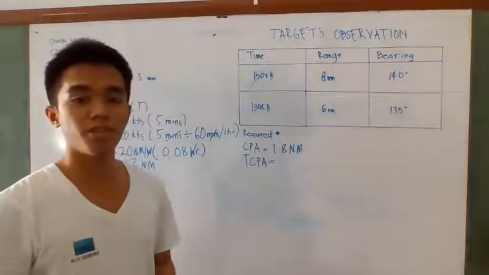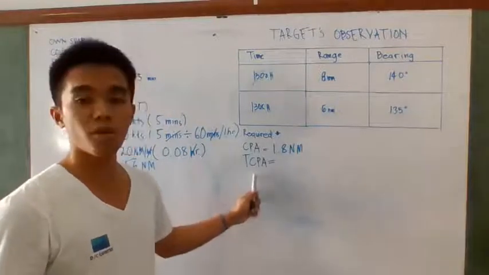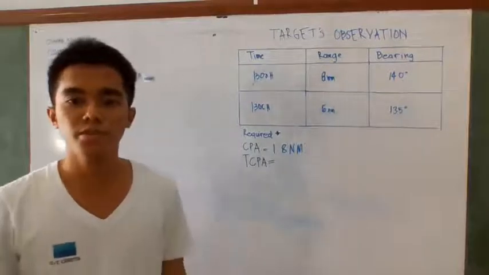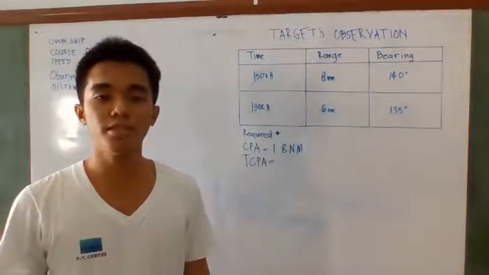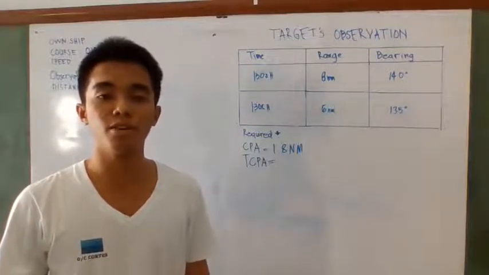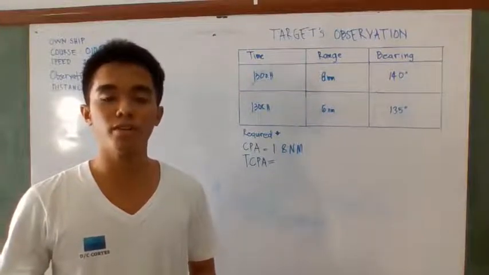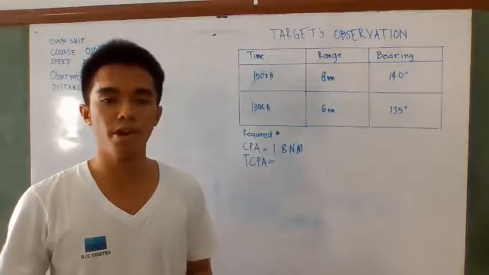Now that we were able to determine the closest point of approach, which is 1.8 nautical miles, we will proceed in solving for our TCPA. In solving for the TCPA, or the time of closest point of approach, first we must look for the time required.